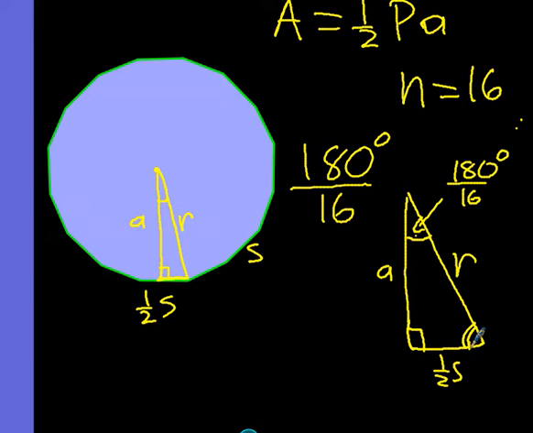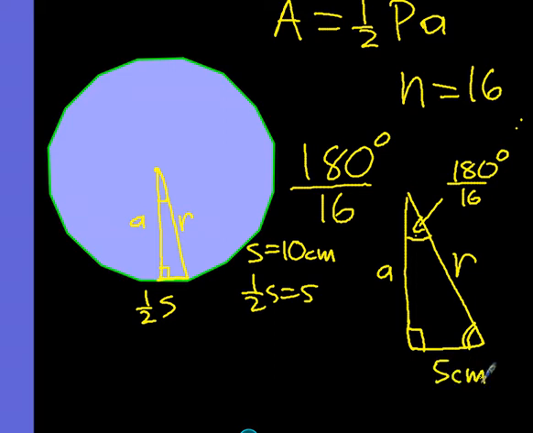Once I pick the side, and let's say S equals 10 centimeters, that determines every other measure in this figure. The apothem is determined now. I don't know what it is, but it's set at some particular length. And so if the side is 10, then half the side is 5 centimeters.